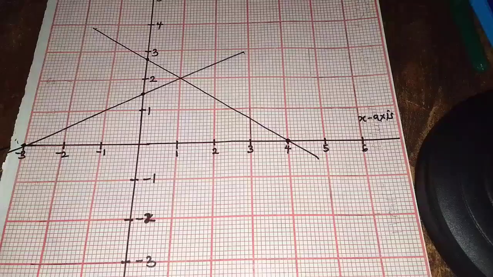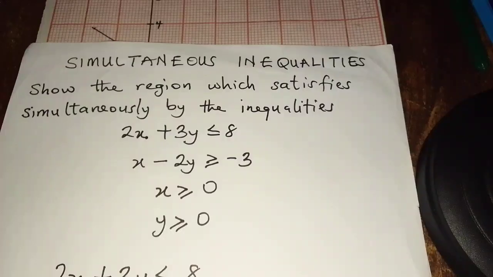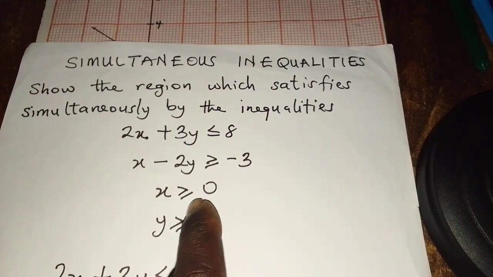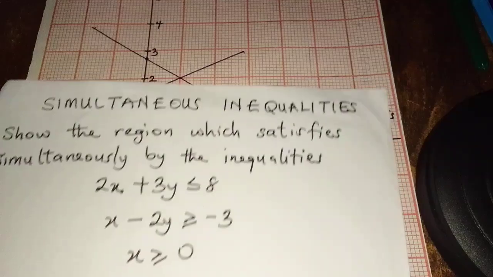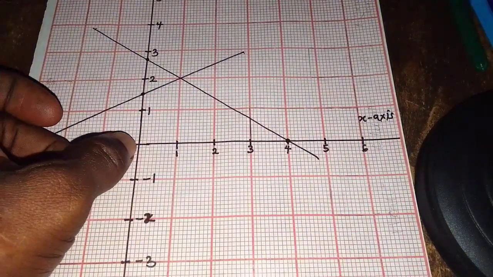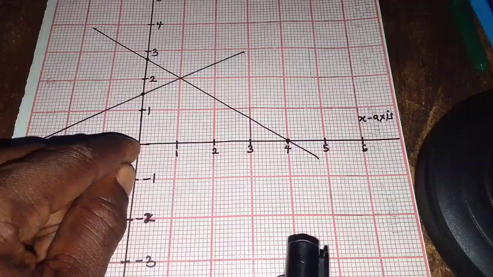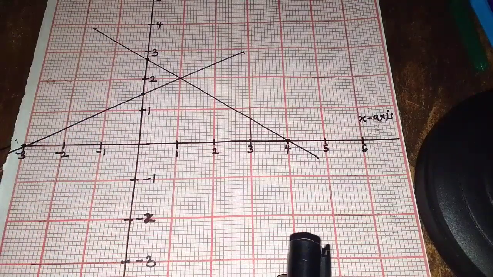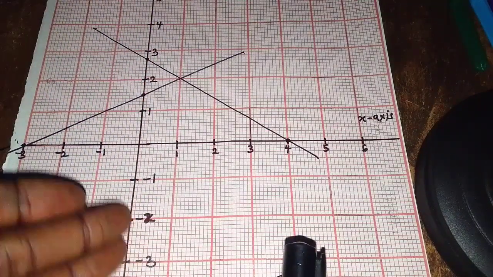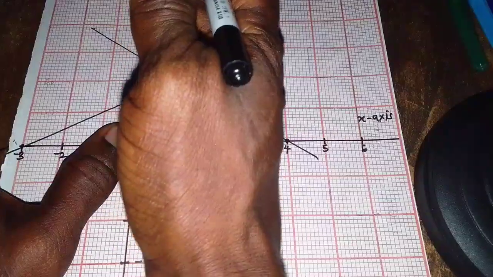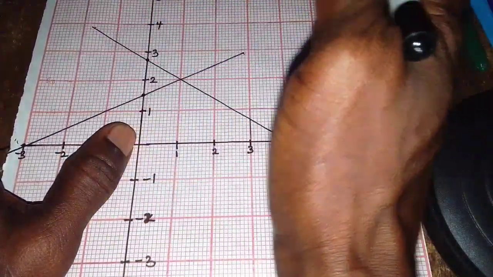Then the third line we are to construct says that x is greater than or equal to 0. If you draw a vertical line here, this line will fall on the y axis.